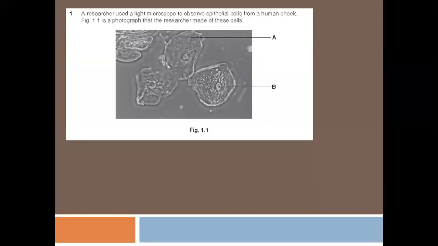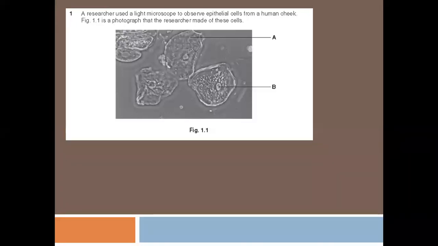Dear students, today we are going to discuss the paper, Biology IGCSE 0610, March 2016, Paper 42, right? So the first question is: a researcher used a light microscope to observe epithelial cells from a human cheek.